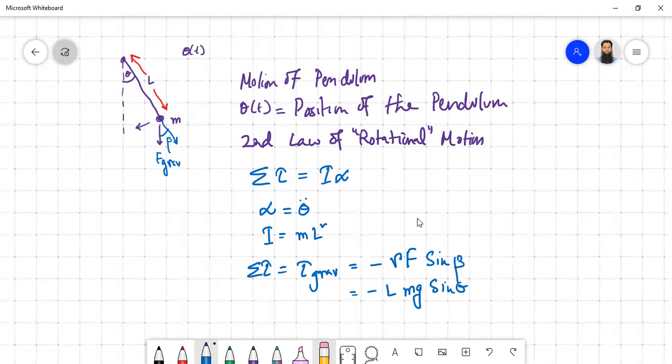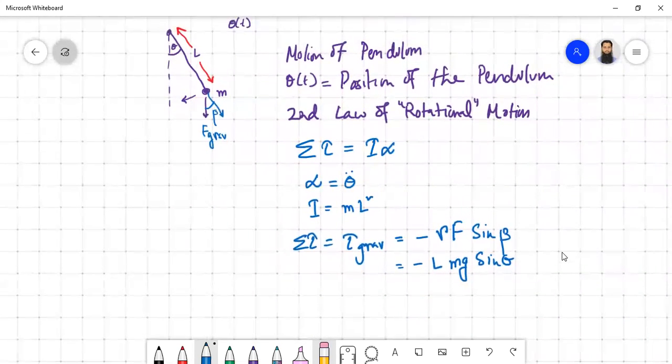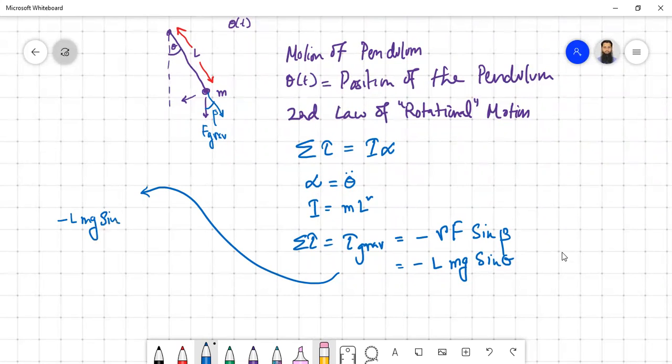Okay, so if we put everything into the equation, then what we are going to get is, the torque is basically minus L mg sine theta, and the moment of inertia you can take to the other side.